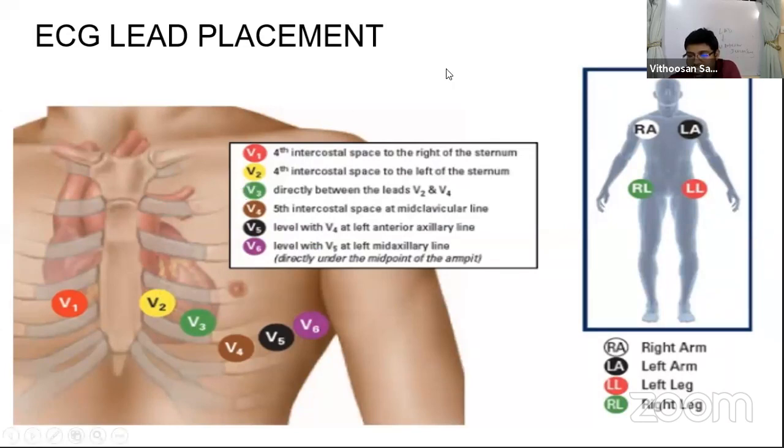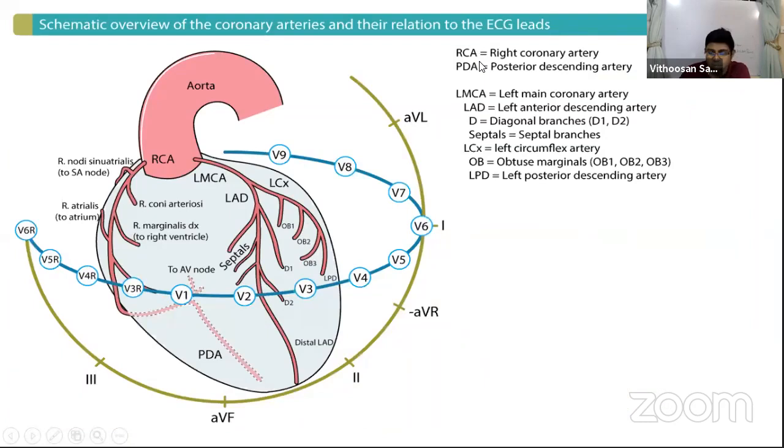You put V1 here in the fourth intercostal space on the right side, looking at the heart this way. You put V2 here, looking this way. V3 here, V4 here, V5 here, V6 here, each looking from its own direction. So you are looking at the heart from different angles to find where the problem is. Clear?